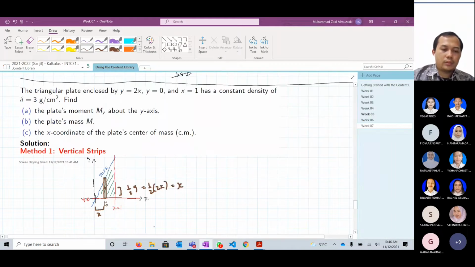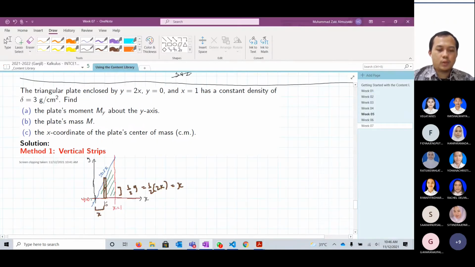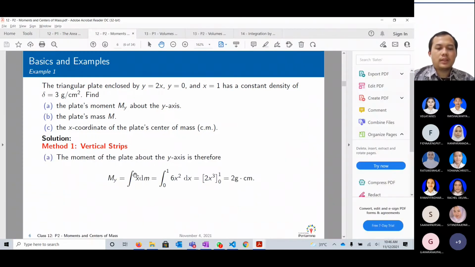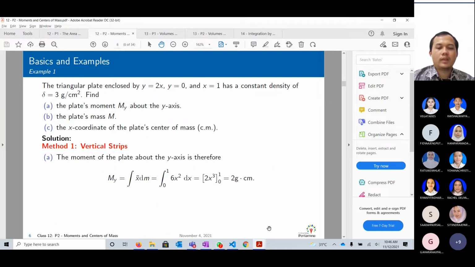But since we want to compute the moment of the plate, we take the integral of the strip as we move the strip from the left to the right. So the integral from 0 to 1 of x tilde dm, which is the integral from 0 to 1 of 6x squared dx, is 2 gram centimeter.